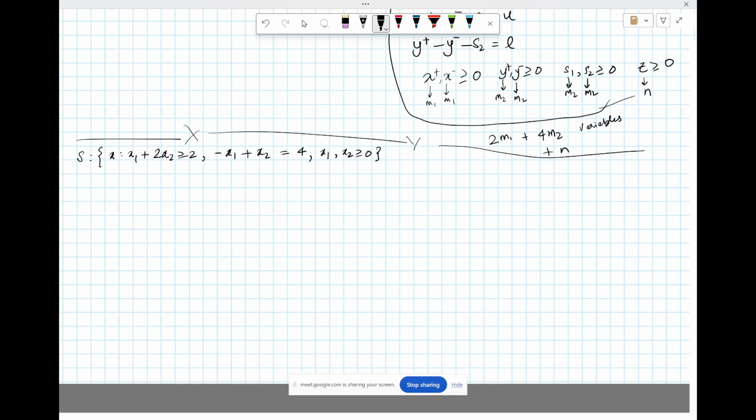Okay, we want to find the extreme points of this. What are its extreme points?